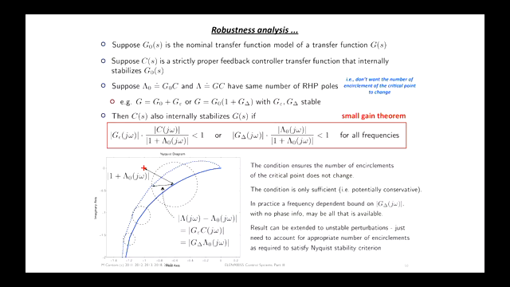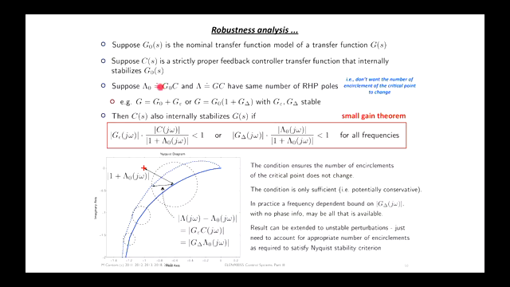We can do that via the Nyquist stability criterion, and that's easiest when the perturbed open loop transfer function has the same number of right half plane poles as the nominal open loop transfer function. Because if we know this is stable, then this will be stable provided we don't change the number of encirclements of the critical point. Going from here to here, we haven't changed the number of right half plane poles, so we shouldn't change the number of encirclements of the critical point.